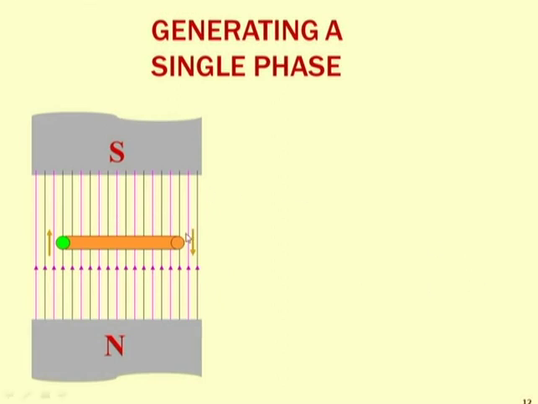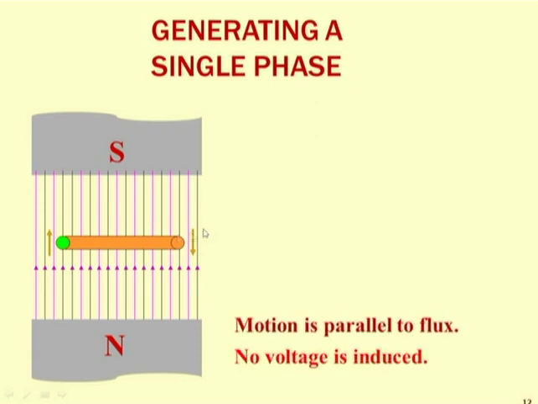That means the conductor has completed its one rotation of 360 degree electrical. And as it is in the horizontal position, it is perpendicular to the flux, but the motion of the conductor is now parallel to the flux. If it is parallel, that means there is no cut of the flux.